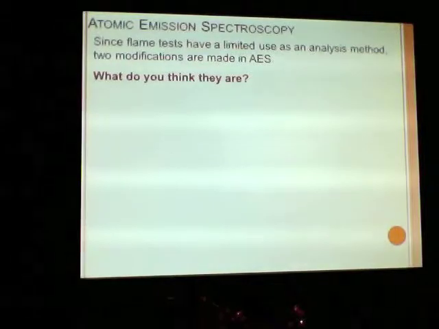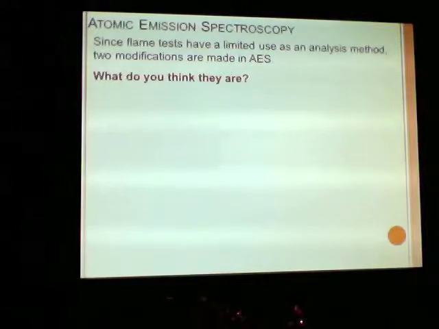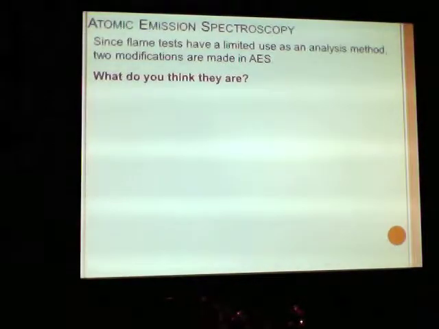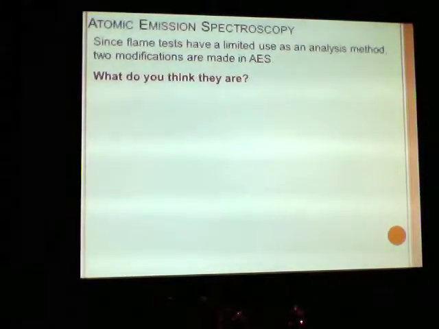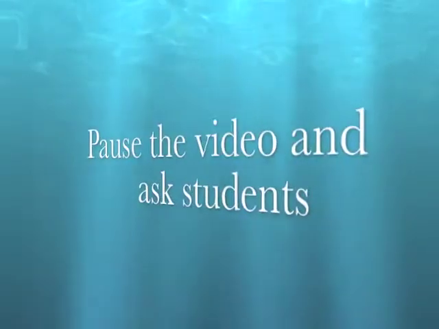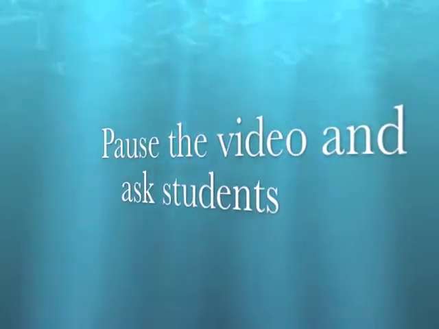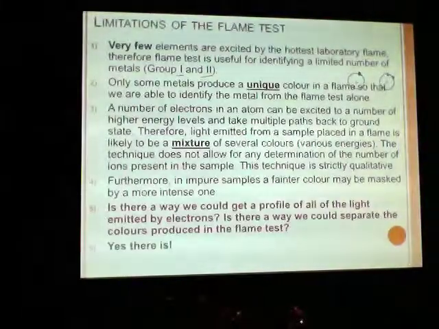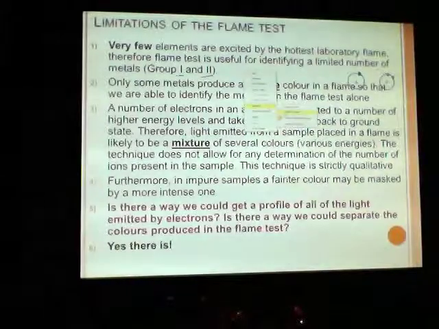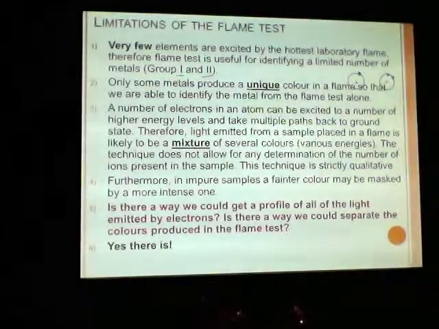Alright, so since the flame test has a limited use as an analysis method, there are two modifications made in the AES, right? So made in this technique to overcome the problems of the flame test. What do you think they are? So there is a hotter flame. Remember that there are only some elements that are excited by the hottest laboratory flame, right?